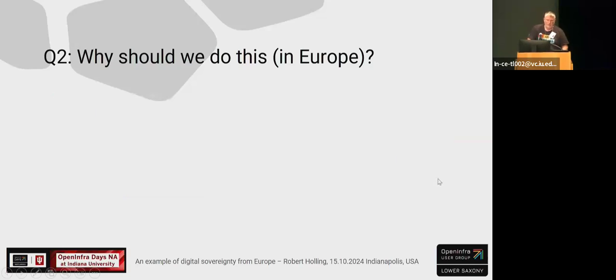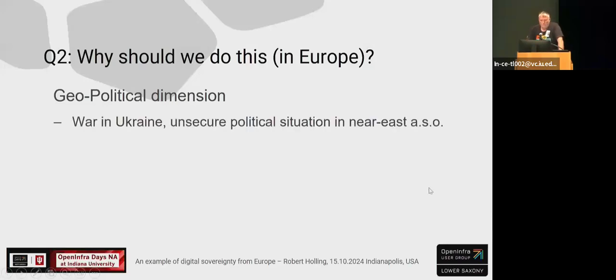The next dimension is the geopolitical dimension. Due to the war in Ukraine and other insecure political situations in the Near East and so on, coupled with a perhaps not so smart energy policy in Germany, we had to accept high increases in the energy sector.